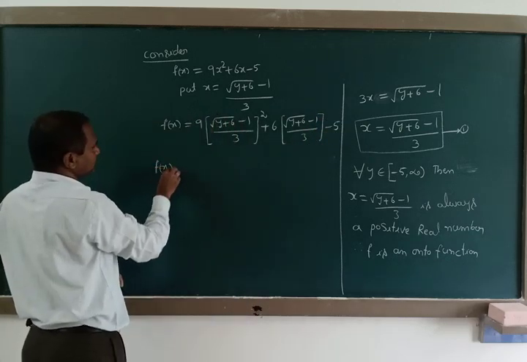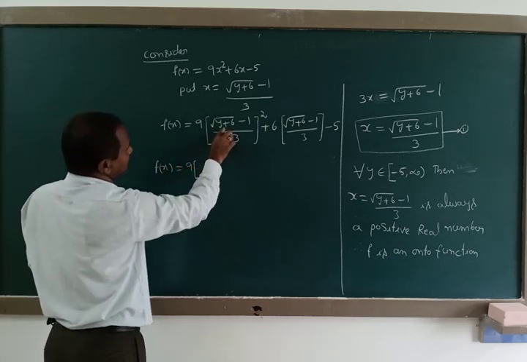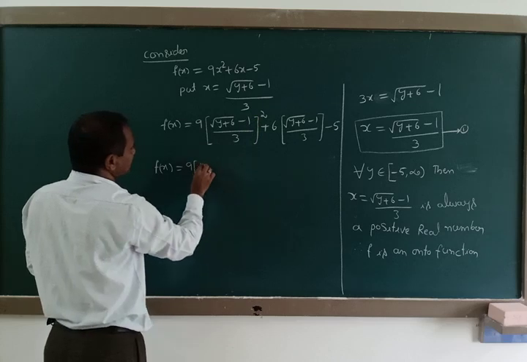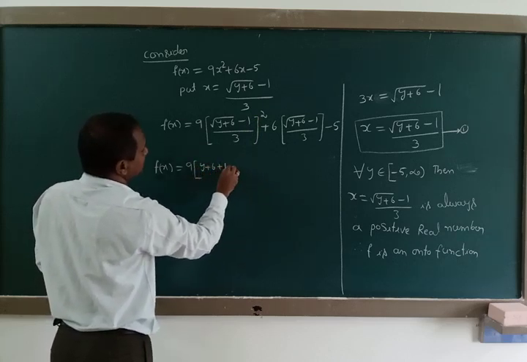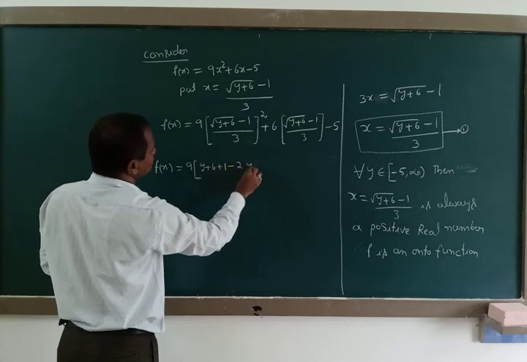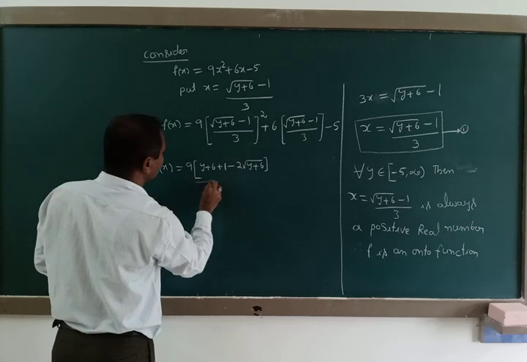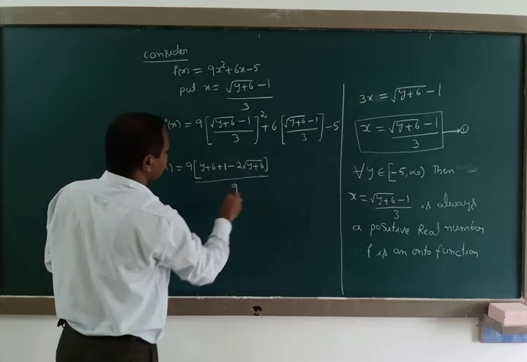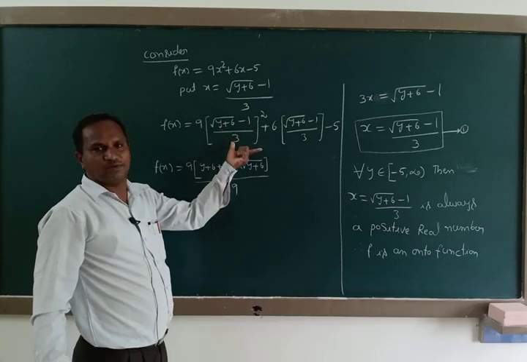f of x is equal to 9 into a minus b whole square. A square becomes y plus 6, b square becomes plus 1, minus 2ab means 2 into square root of y plus 6 here. Whole dividing by 3 square becomes 9. We distributed this power to both numerator and denominator.